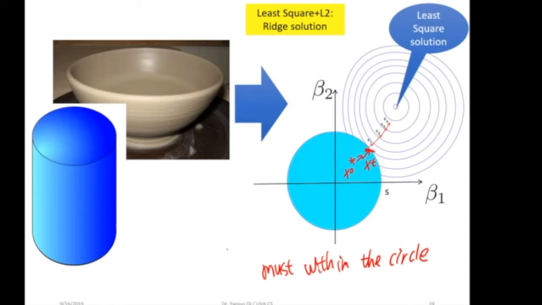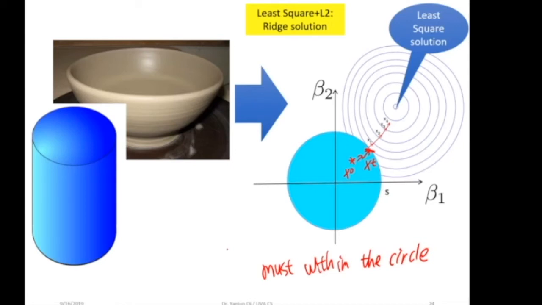That cylinder constraint forces all my points to be within that cylinder. There has to be a touch point, right? And that touch point is the solution of ridge regression.